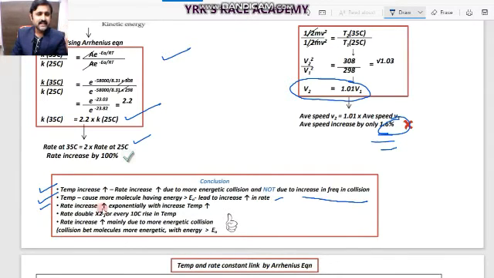Another thing is the rate increases exponentially with increase in temperature, and the rate doubles for every 10 degrees rise in temperature. The rate increases mainly due to more energetic collisions, collisions between molecules with energy greater than activation energy. These are the most important things we have concluded in this discussion.